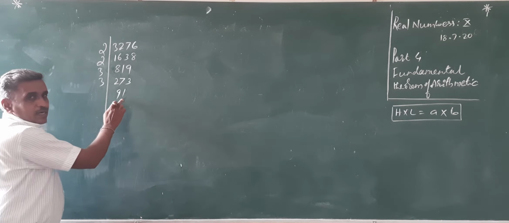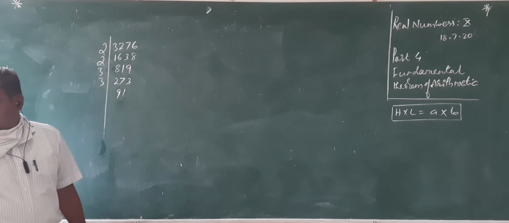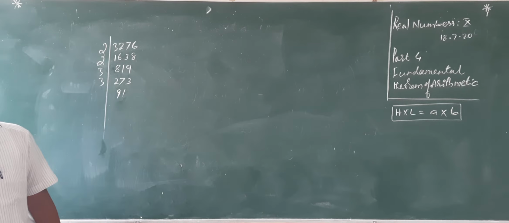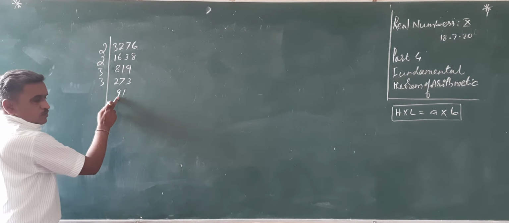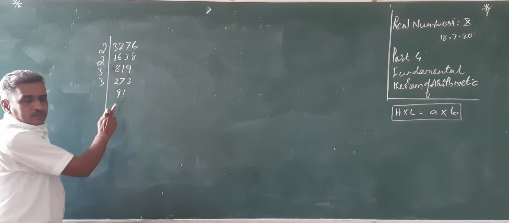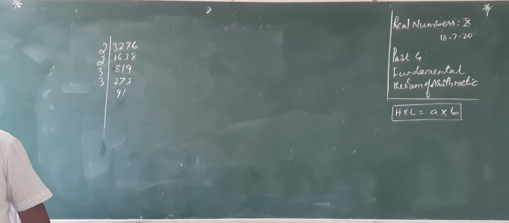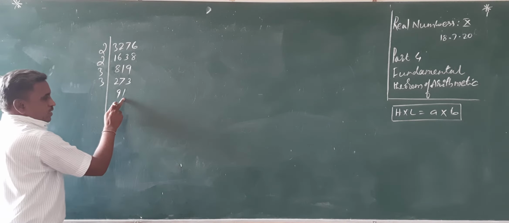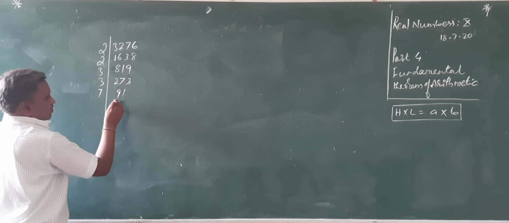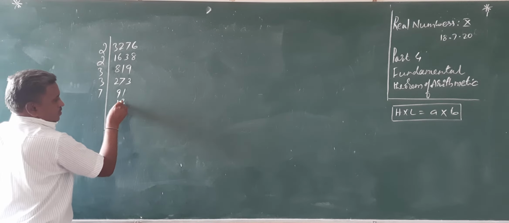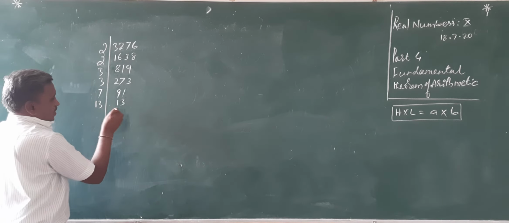Okay. 91 is not divisible by 3, 2, 5 or 6, but it is divisible by 7. It is divisible by 36.